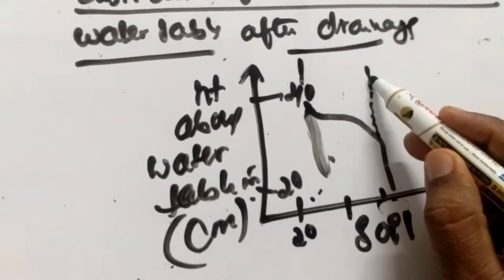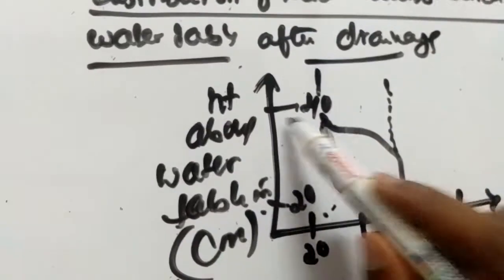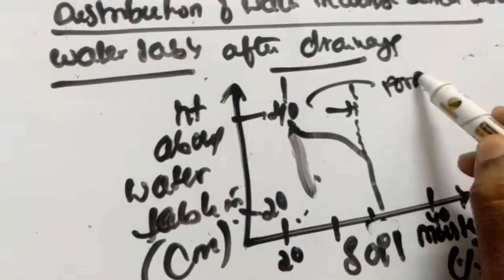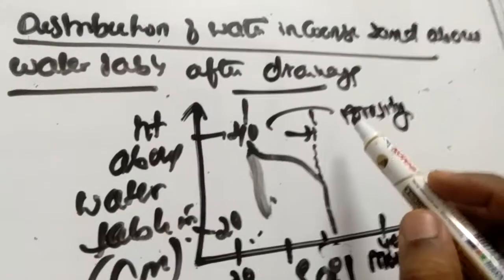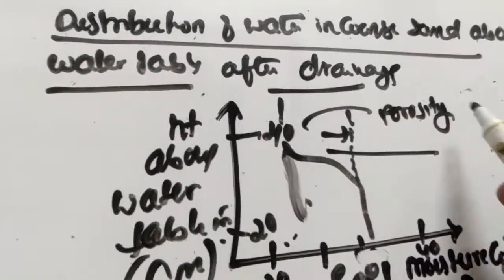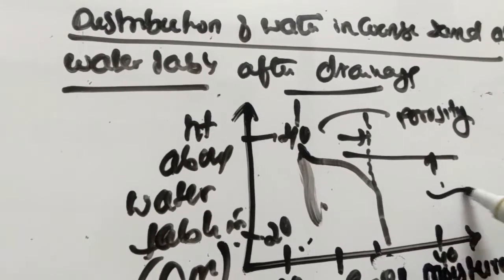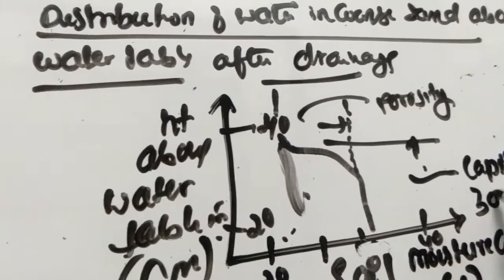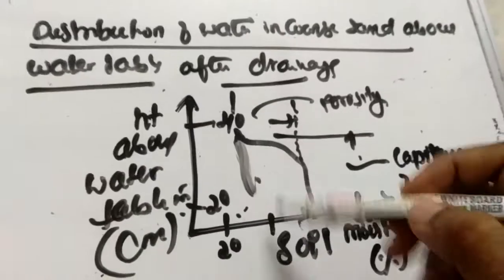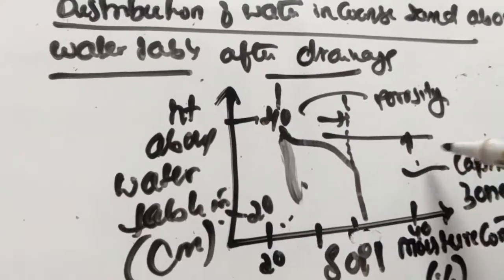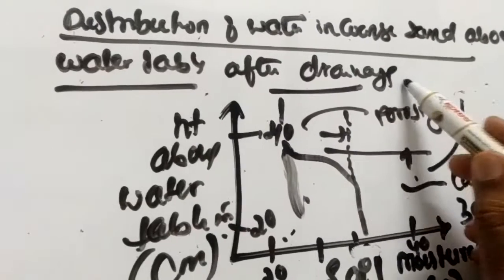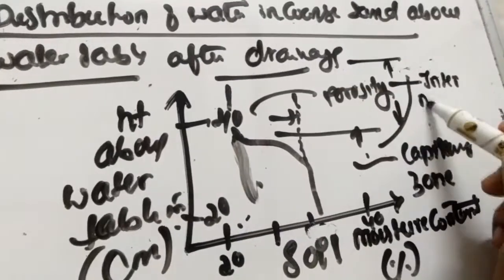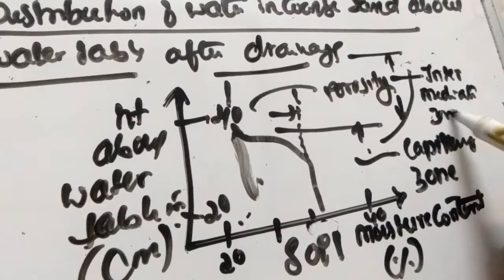So this represents porosity, and here this represents capillarity, and above this represents the intermediate zone.